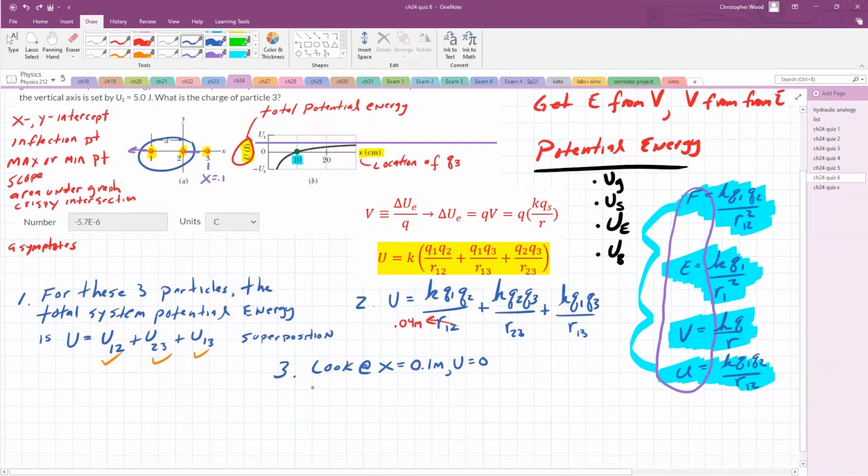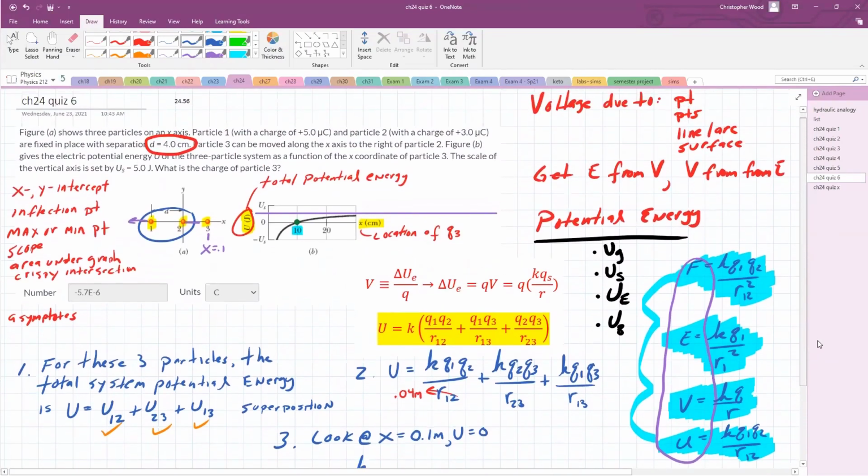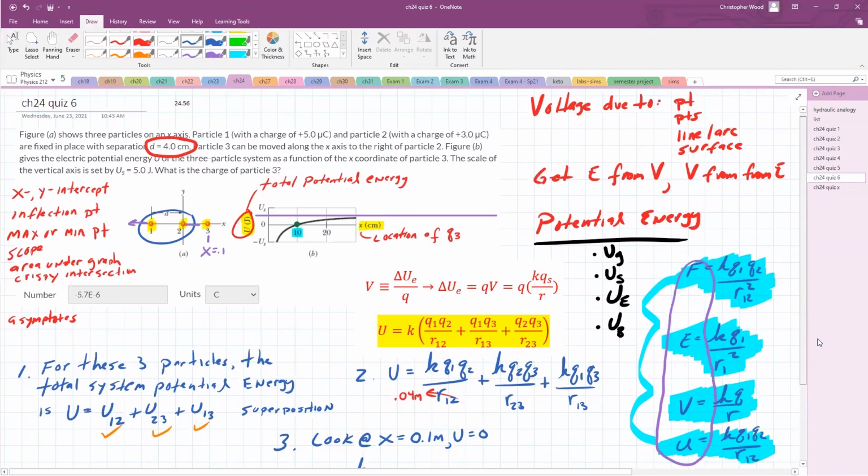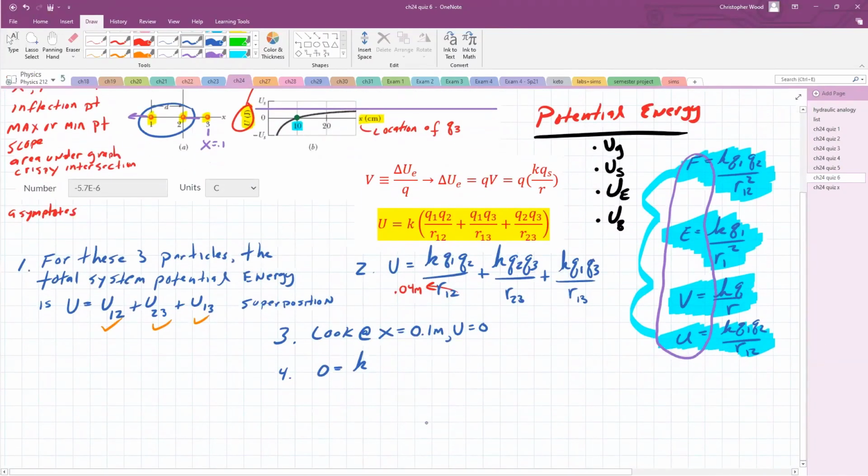So then number 4 says, okay, I have 0 equals K Q1. I guess I'll start plugging in numbers here. What's K Q1? Q1 is positive 5 microcoulombs.